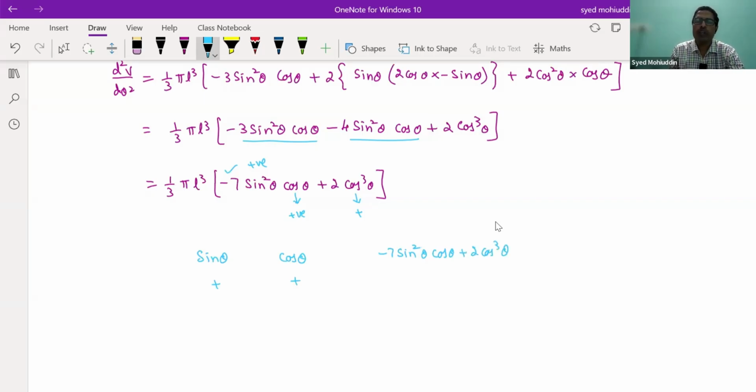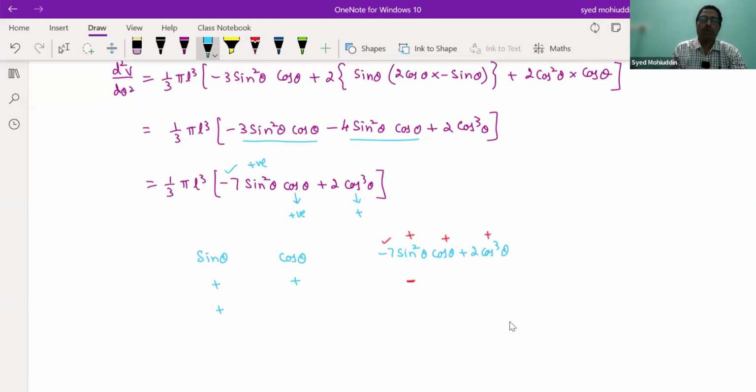Everything is positive, but this is a negative value because of the negative sign. Because minus 7 is there and plus 2 you're having. So minus 7 plus 2, the greater number 7 has the negative sign, therefore we'll be getting negative over here.